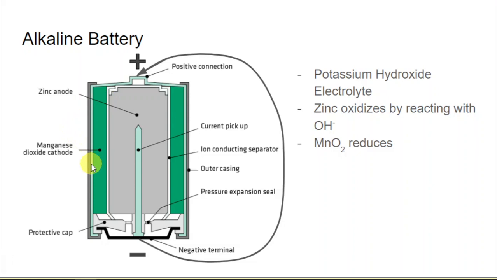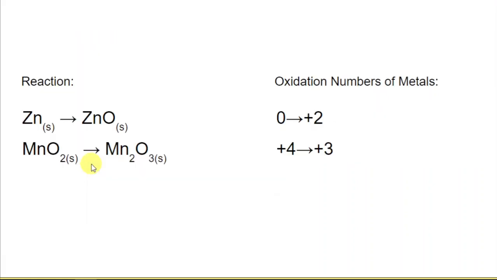So let's take a look at the half reactions. Zinc is turned into zinc oxide, and the oxidation state of zinc as a pure metal is 0, and it turns into positive 2. Manganese 4 oxide is turned into manganese 3 oxide. So the oxidation state that I just mentioned is from +4 to +3.